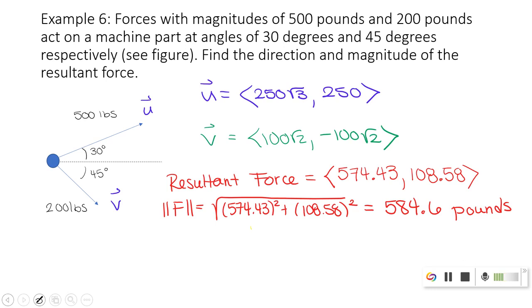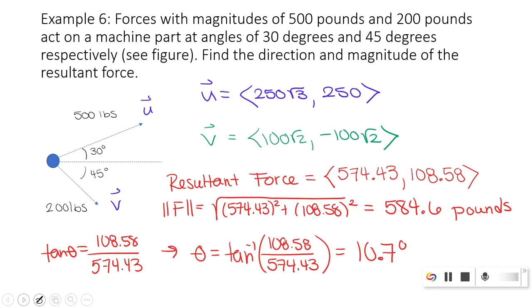And then finally, the direction, angle theta. We can give the direction of a vector with respect to the positive x-axis. It's how we describe theta in trigonometry and other math classes as well.